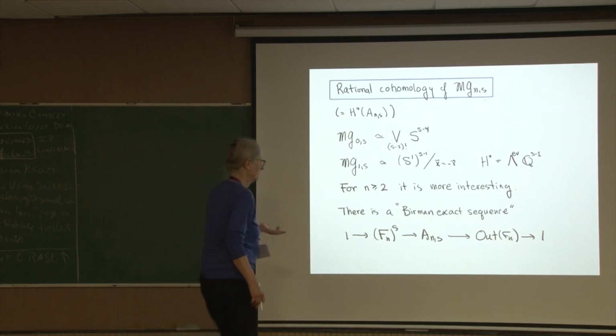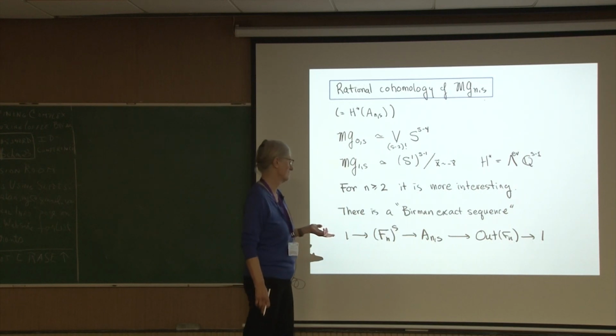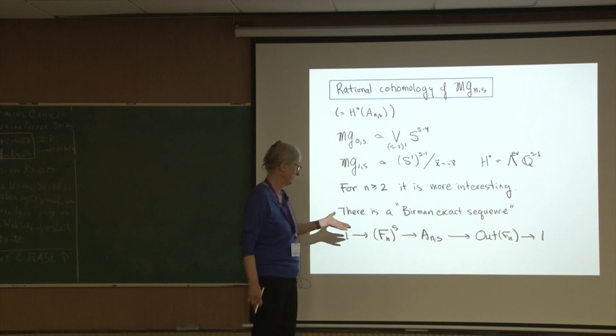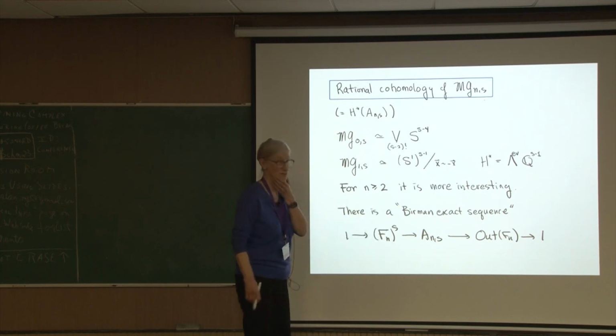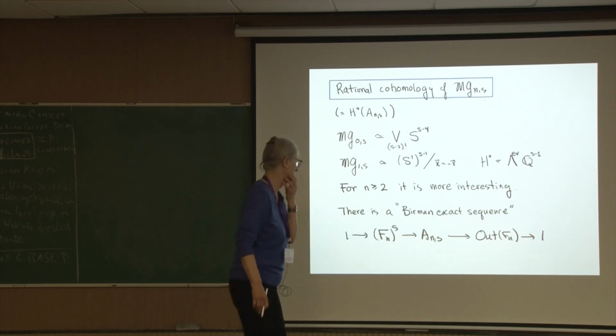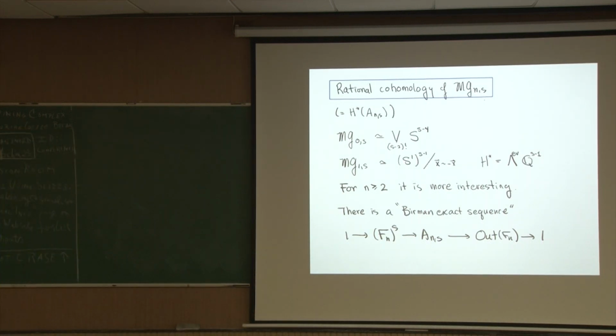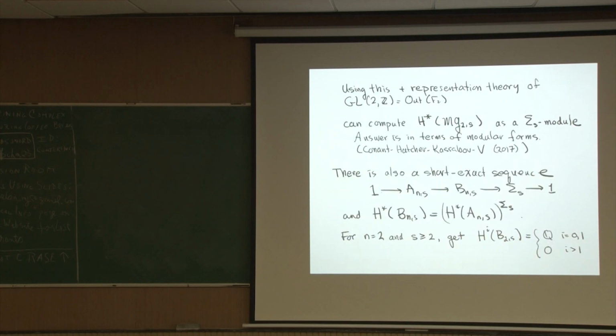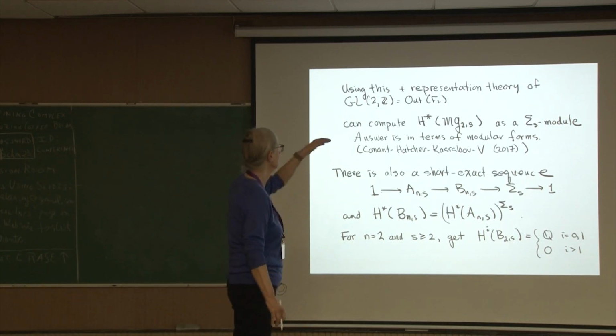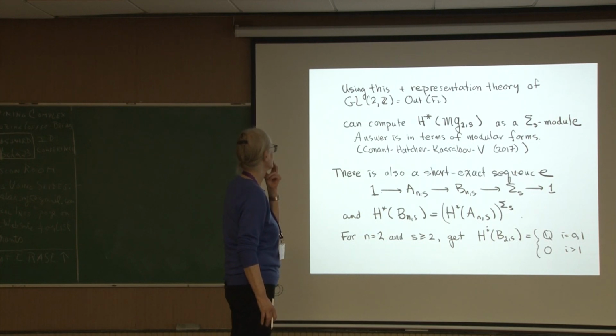There's something called the Hochschild-Serre spectral sequence associated to any short exact sequence of groups. And if you look at that spectral sequence, you can understand the entries on the E2 page in terms of the representation theory of Out(F2).